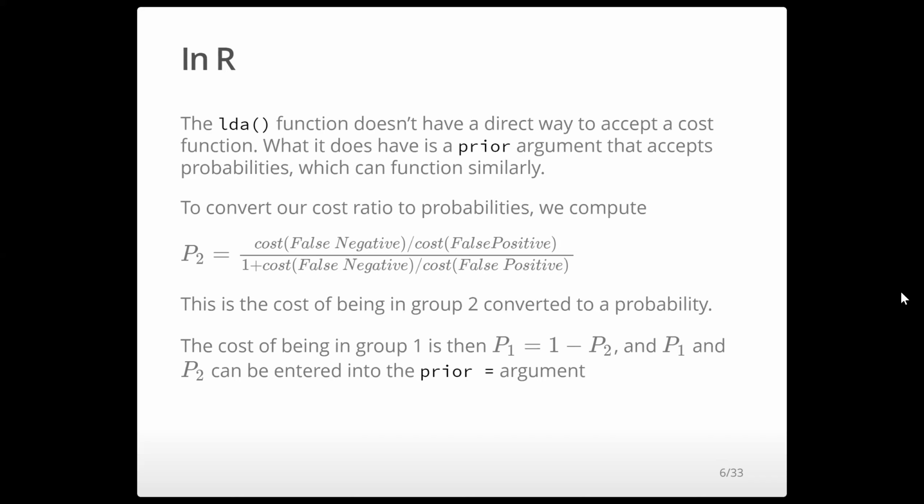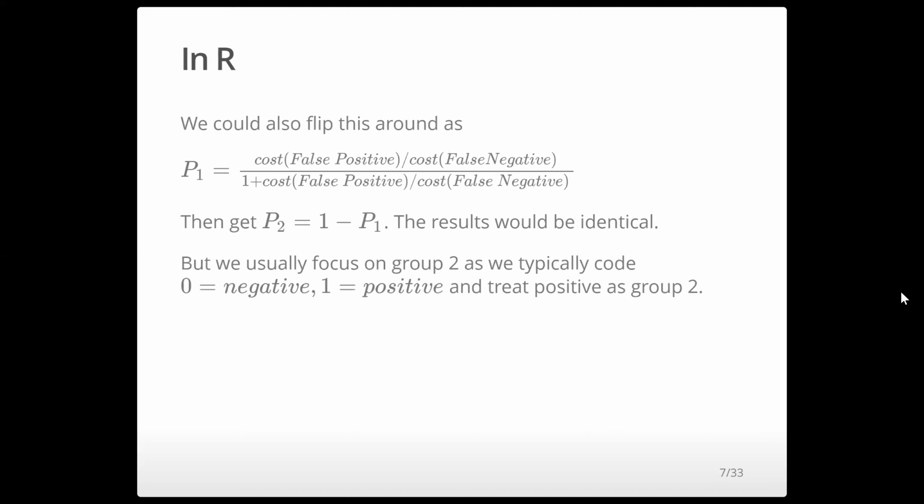Then the cost of being in group 1 is 1 minus that probability, and P1 and P2 can be entered into the prior argument. We could also do this the other way, by flipping the ratio around and getting P1 first and then getting P2 as 1 minus P1. The results would be identical. We just usually focus on group 2 since we usually code negative as 0 and positive as 1, and so we're treating positive as group 2.